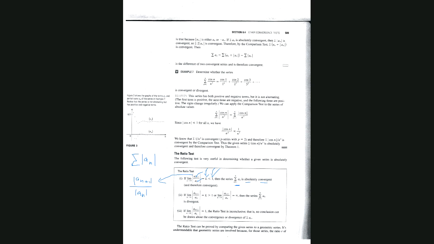What series is such that if the ratio is less than 1, the series converges? What series behaves like that? If the absolute value of the common ratio of the terms of this series is less than 1, this series converges.